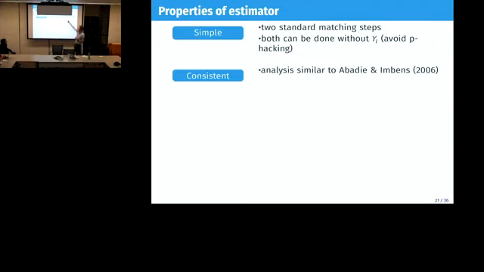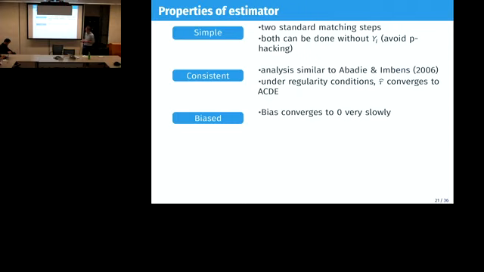We can show that this is a consistent estimator for the controlled direct effect under some regularity conditions. It's unfortunately a biased estimator, and Max was discussing this a little earlier. Even though it's consistent, it is biased, and that may not be a problem typically. But with these matching estimators, the bias converges to zero very slowly.